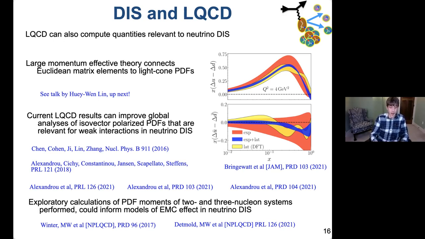So the axial current and charged current flavor structures that show up can be calculated by Lattice QCD similarly to the unpolarized ones that can be constrained and validated experimentally. And there are even first steps towards learning about multi-nucleon effects on these PDFs from Lattice QCD that could again hint at neutrino DIS specific modifications that are otherwise hard to constrain.